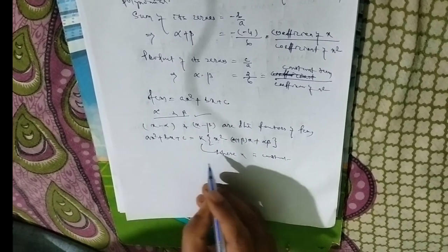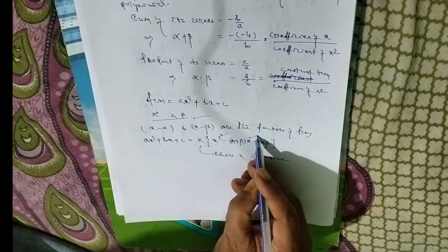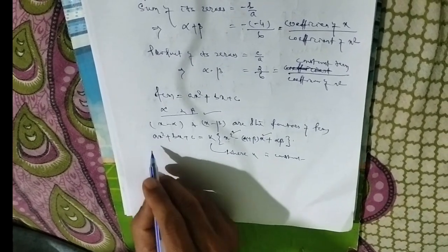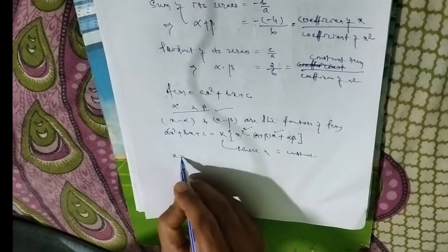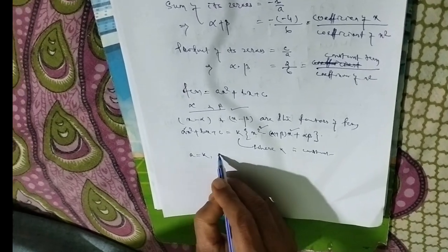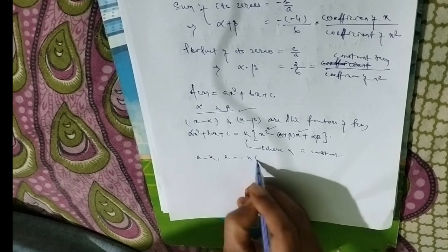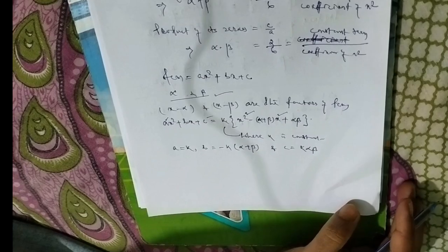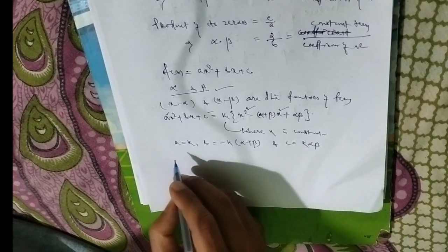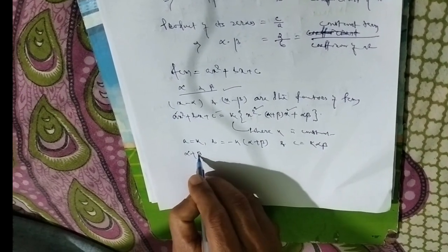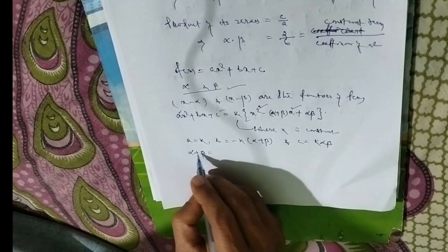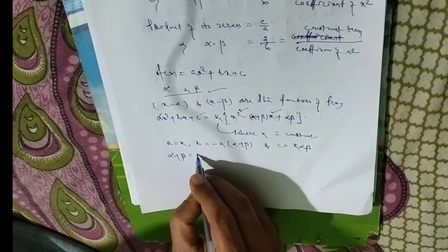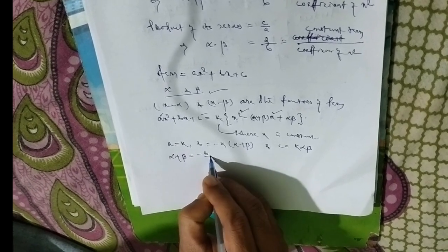Comparing the coefficients of x square, x and the constant term on both the sides, here a is equal to k, b is equal to minus k into (alpha plus beta). Alpha plus beta is the sum of the zeros, whose formula is minus b by a.